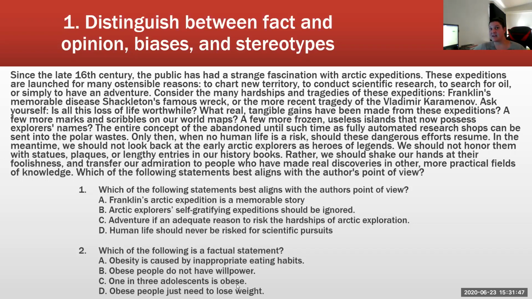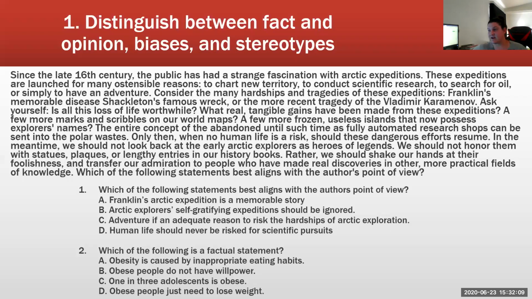That could possibly be something that could be factually proven. So let's hang on to that one. And then D is obese people just need to lose weight. That's an opinion. So C is the correct answer. That's the factual statement. It's the statement that can be proven true or false.